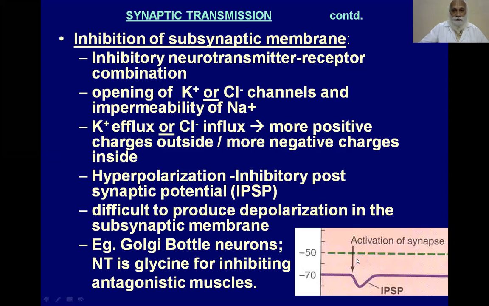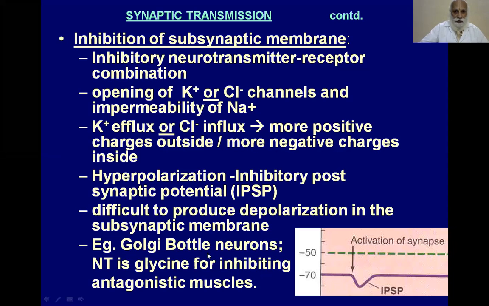That is a bigger difference, so it becomes more difficult for the EPSP to be produced. The actions of EPSP and IPSP summate, and only when the threshold is reached is the action potential produced in the initial segment.